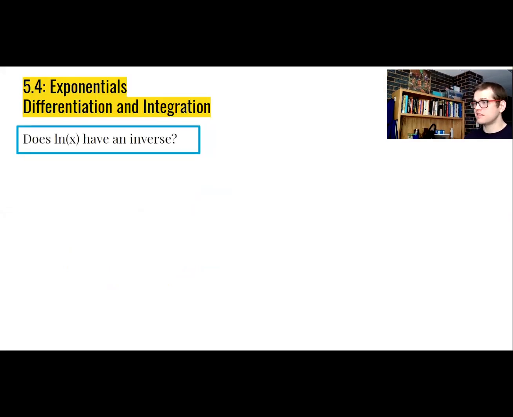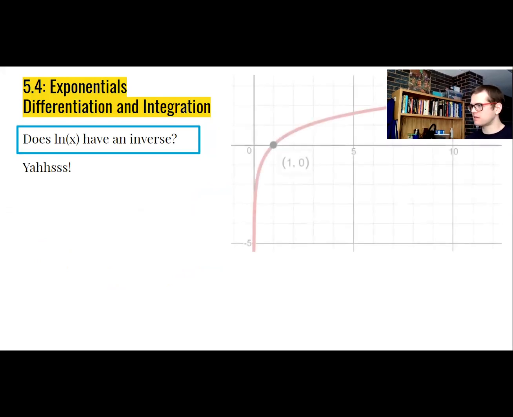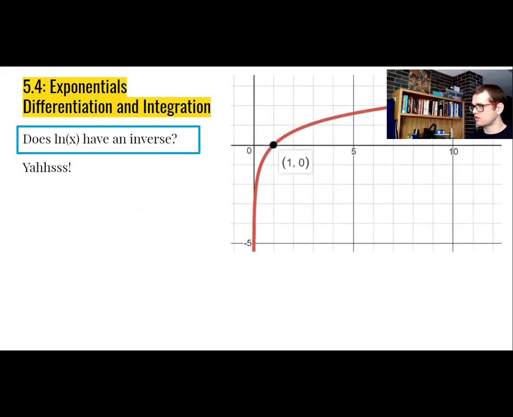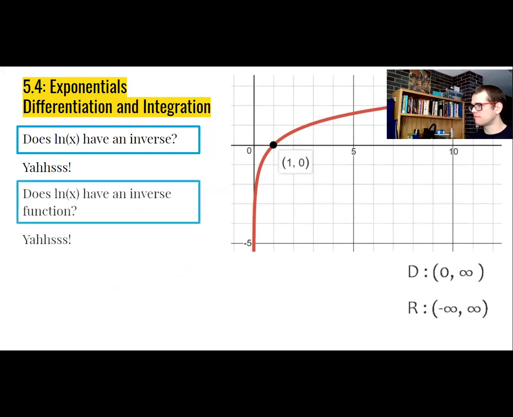So, does natural log of x have an inverse? Yes. Whether or not it was a function is not up for concern. Does it have an inverse function? Yes.